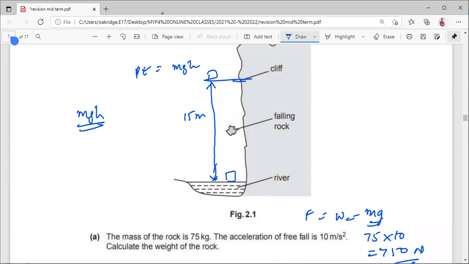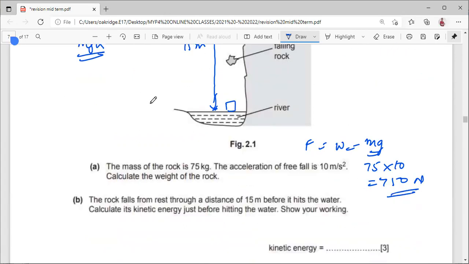So I can now write from the conservation of energy theorem, mgh is equal to half mv square. If you look at the question once again, calculate its kinetic energy just before hitting the water. He is asking you, what is the value of half mv square? Logically, we are able to prove that this half mv square is equal to mgh.